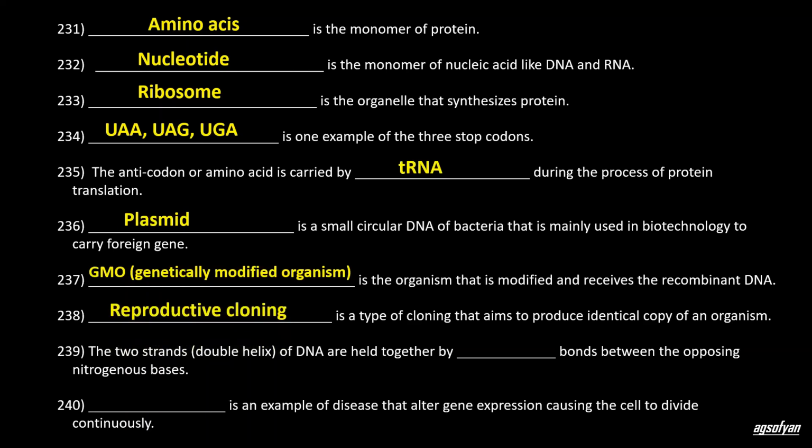The 2 strands or double helix of DNA are held together by blank bonds between the opposing nitrogenous bases. What type of bond? This is the weakest type of bond, which is the hydrogen bond. Blank is an example of disease that alters gene expression, causing the cell to divide continuously or uncontrollably.